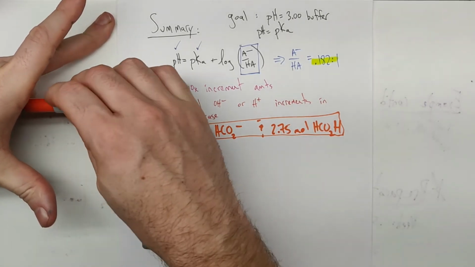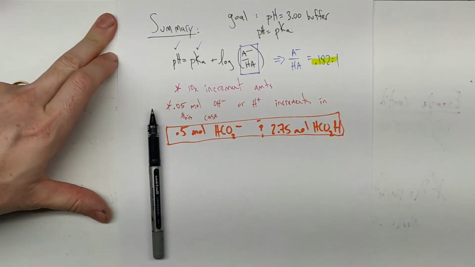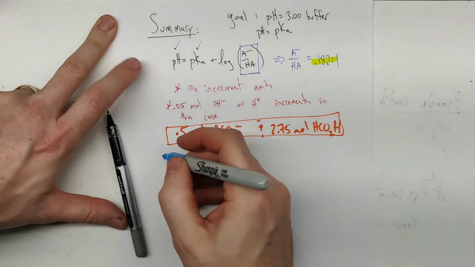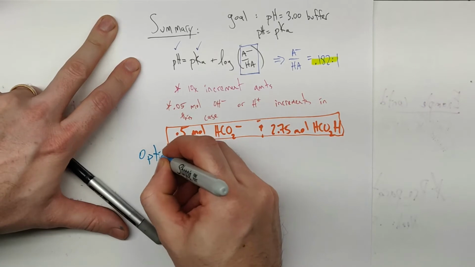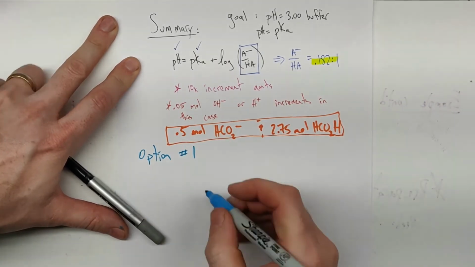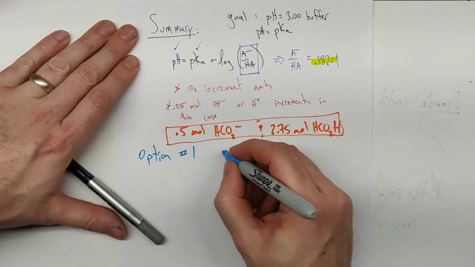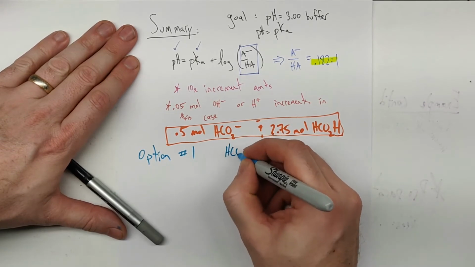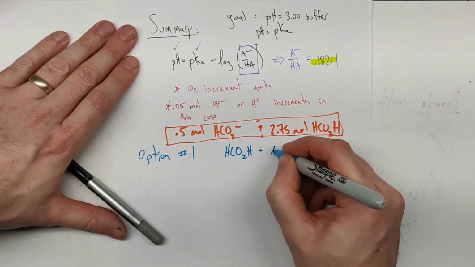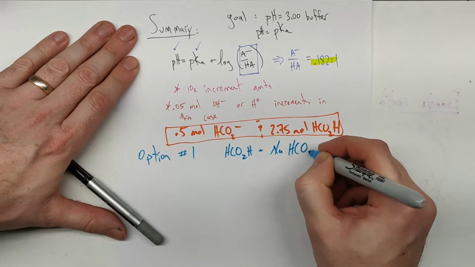Then we looked at the options for that, and we had 3 options. Option number 1, where we had our acid HCO2H plus NaHCO2.